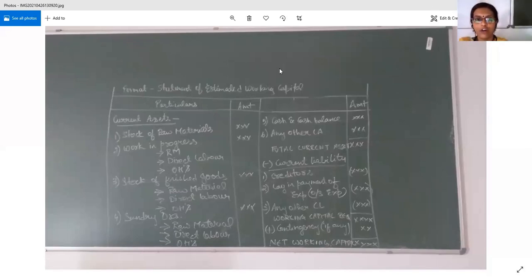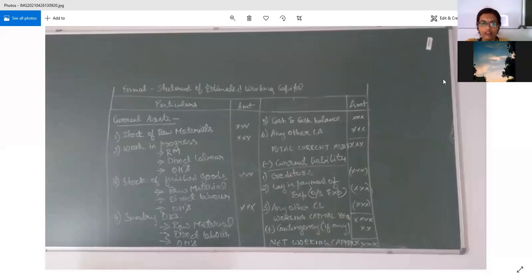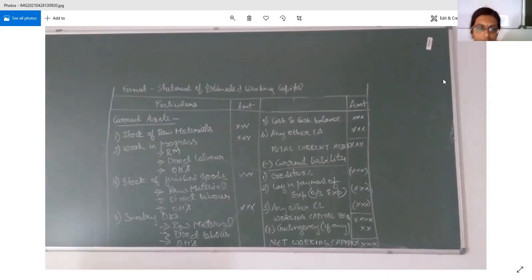Give the heading: statement of estimated working capital, with a particulars column and an amount column. Under particulars, current assets, and under that, stock of raw materials. Make it fast, I want you to note down the format soon.